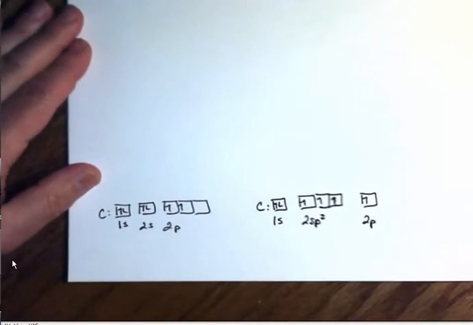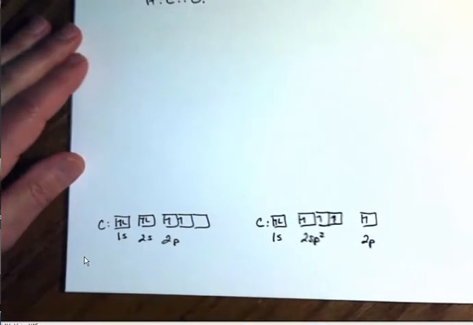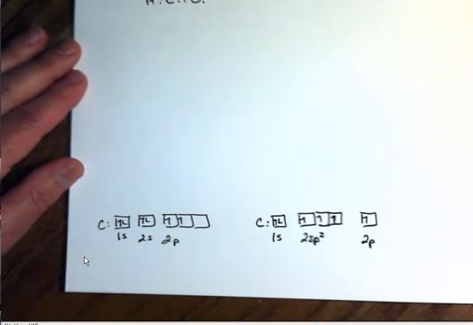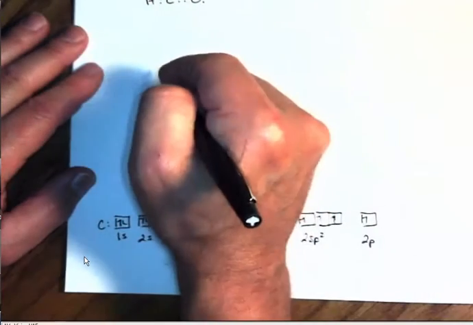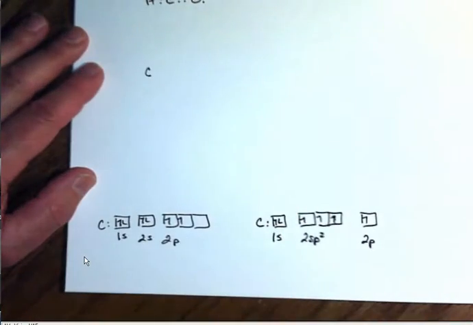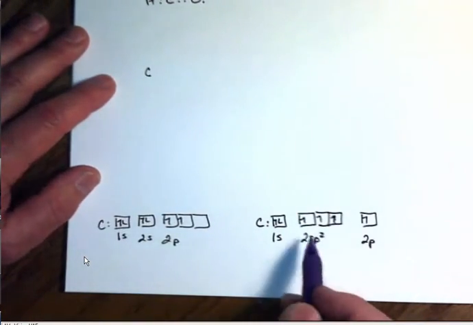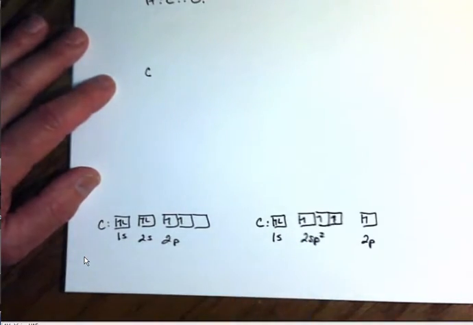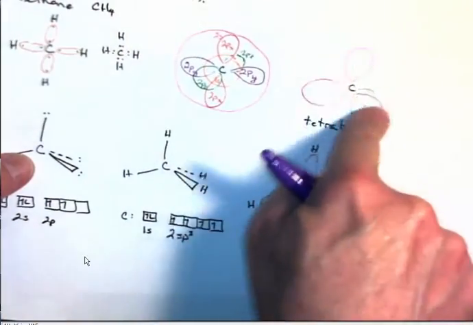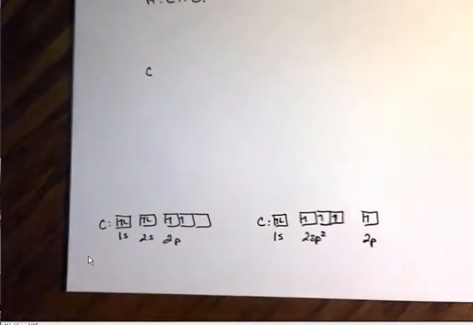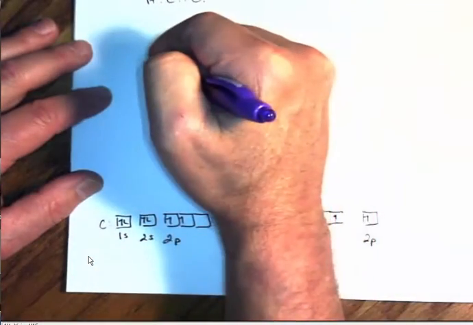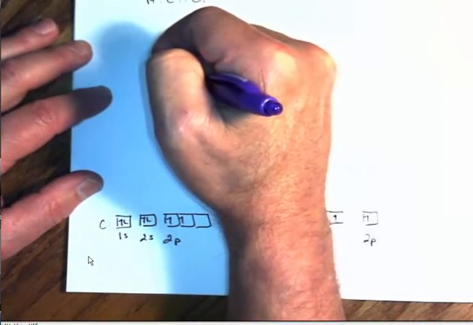Now then, where did one of those come from? I'm going to show you that. So here's carbon. And we have 3 hybridized orbitals. And those 3 hybridized orbitals look like these single balloons up here. Okay? So I'm going to make sure I do this right now.